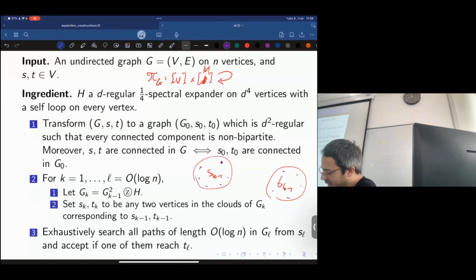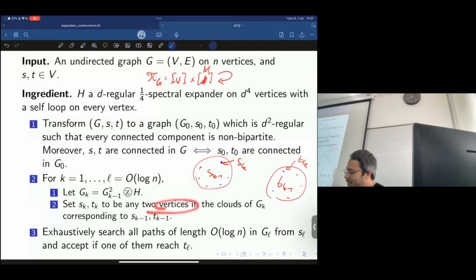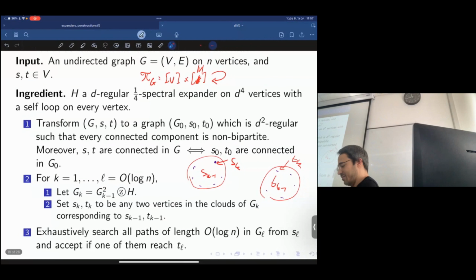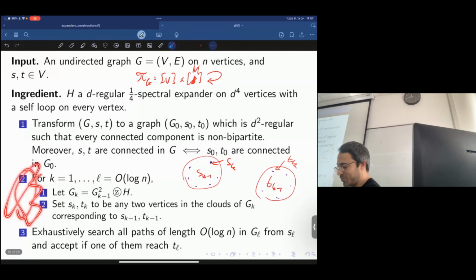And I really don't know if there is a path from S_{K-1} to T_{K-1}; that's what I'm trying to understand. But anyhow, I'm going to call this S_K, just choose one of them, and call this T_K, and that's how I defined S_K and T_K: some vertices in the clouds of G_K corresponding to S_{K-1}, T_{K-1}. And I'm going to repeat this.